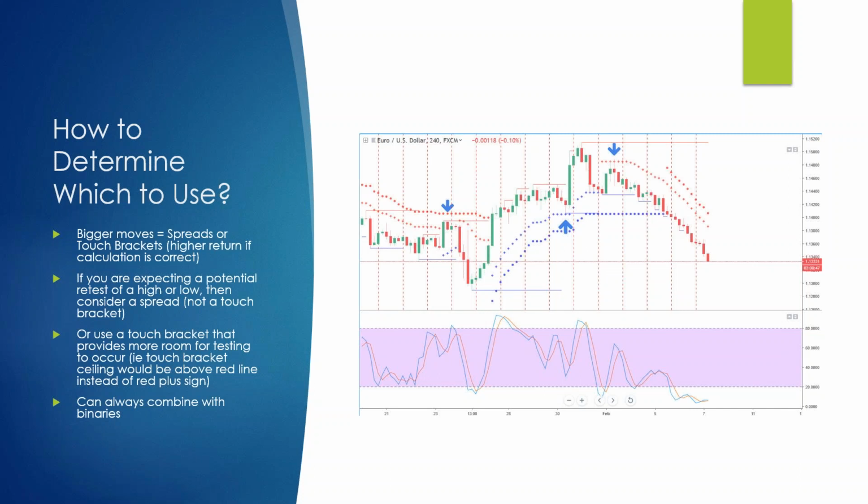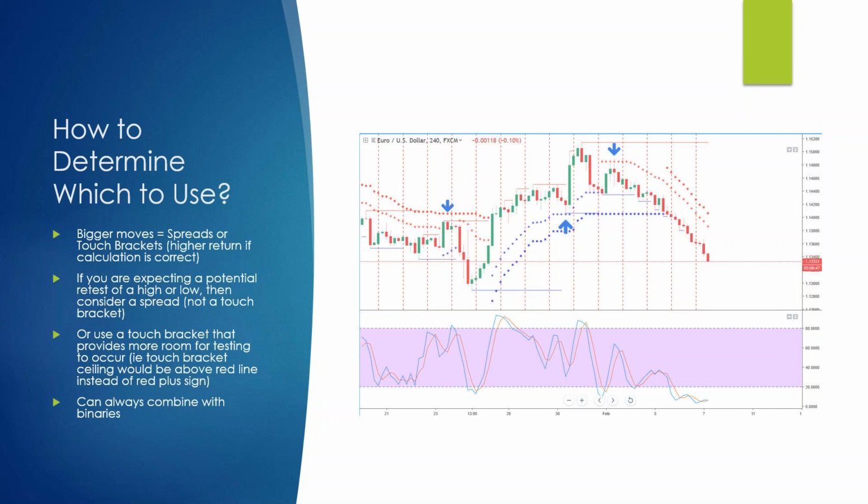Okay. Now, if I am expecting a big move, I'm going to use either the spreads or the touch brackets. Why? Because I want a higher return if I'm right. If my calculation is correct, if my reading of the technical analysis indicator is correct, then I'm anticipating a bigger move.